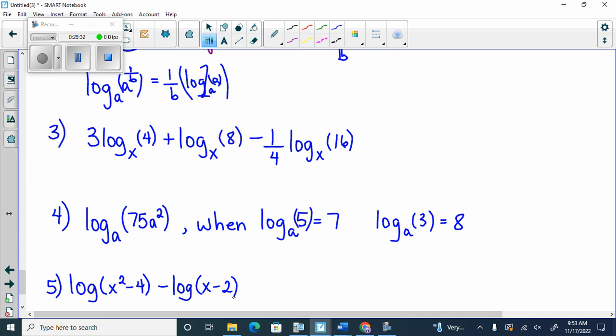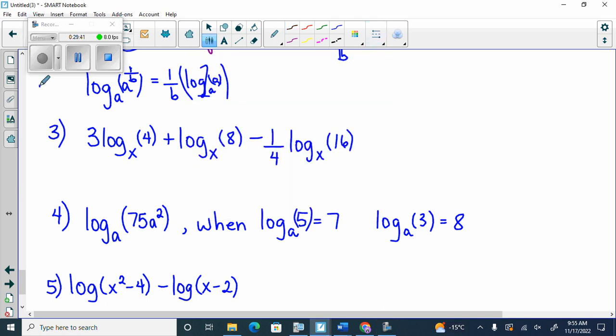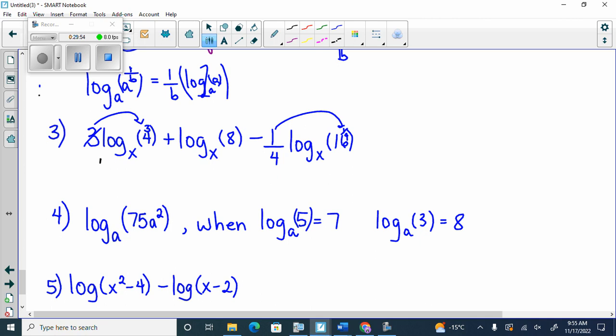So you're telling me what these are all equal to. Okay. I know I may not have given you enough time, but I want to be able to get through it. So this one, they're all base x, so I can put them together. But the 3 needs to join up here, and the quarter needs to join here. And then we get log base x of 64 plus log base x of 8 minus log base x of the 4th root of 16, which is 2.